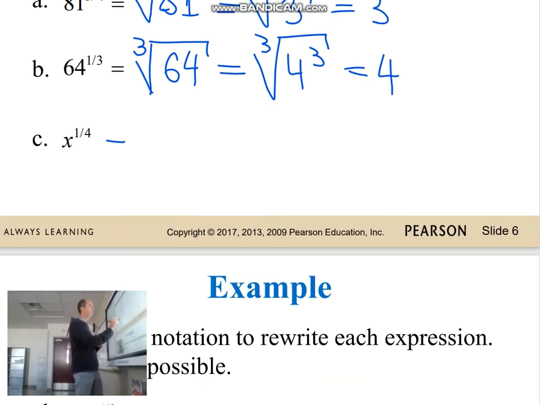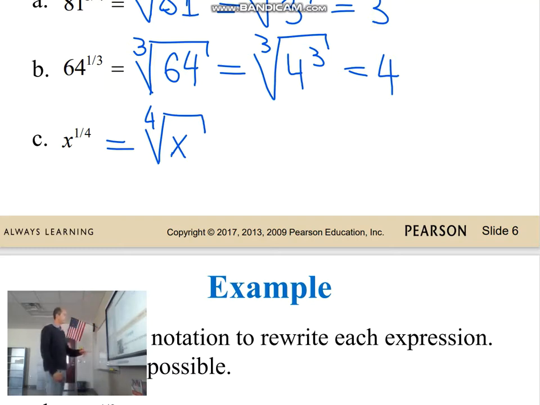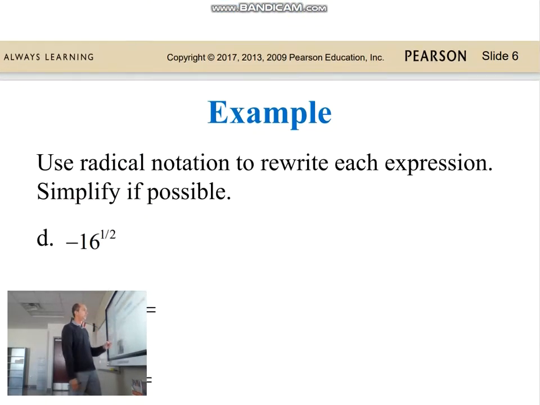And if you have x exponent 1 over 4, you just write this as the fourth root of x. This is how we work with this notation. We can write it as a root using the root notation, or using the exponent 1 over n notation.